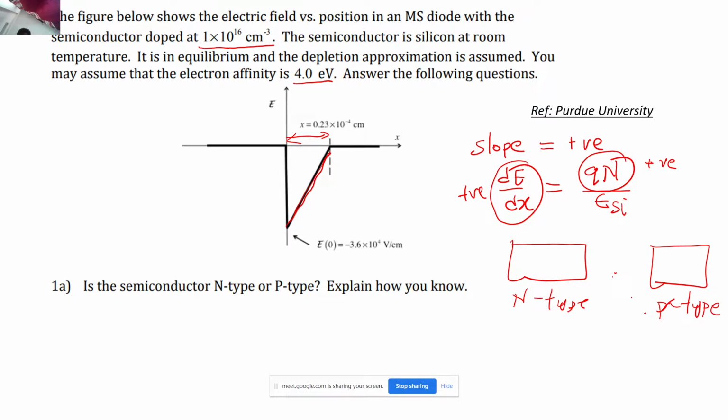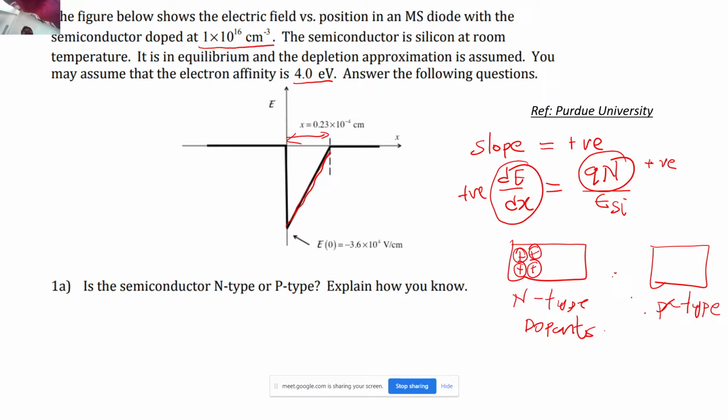N type, correct. So in the N type you have dopants, and the dopants bring electrons with them. When the electrons start diffusing, they leave behind the positively exposed, immobile ions. Only when these positive immobile ions are present will this charge density be positive.